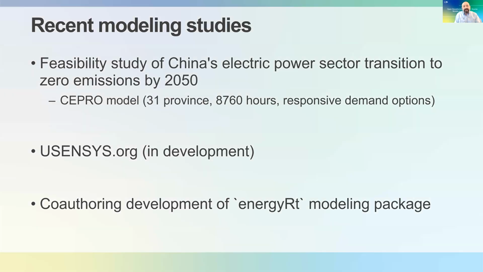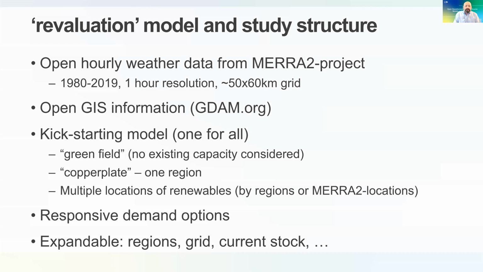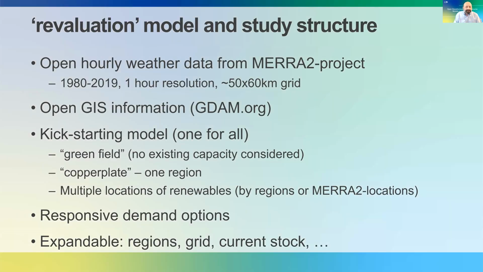So we took the tools we're familiar with and the models we developed last year for a feasibility study of electric power sector transition to zero emission. These are the SEPRA model and the Usensis models in development, and we are contributing to open source, as I already mentioned. For this evaluation, the idea is that we have open data from the MERRA project.